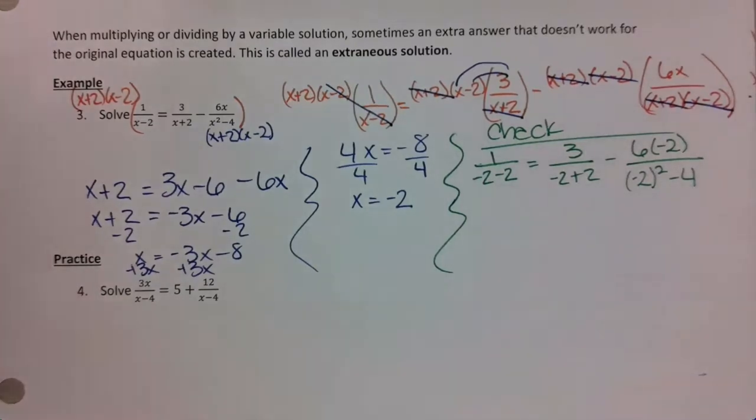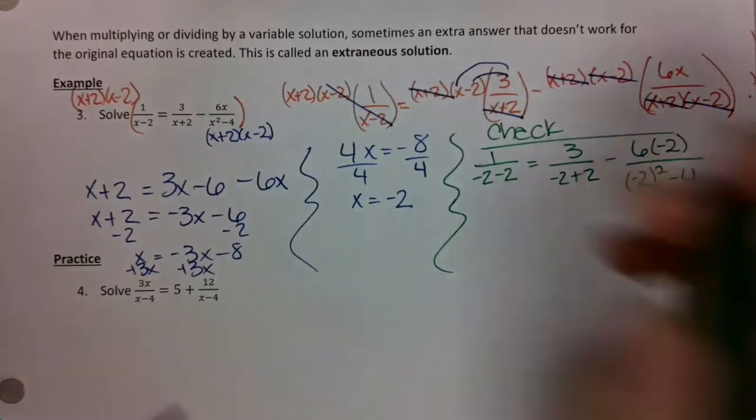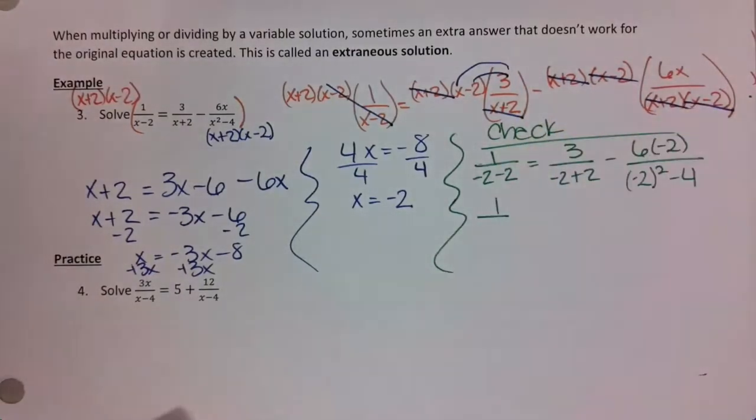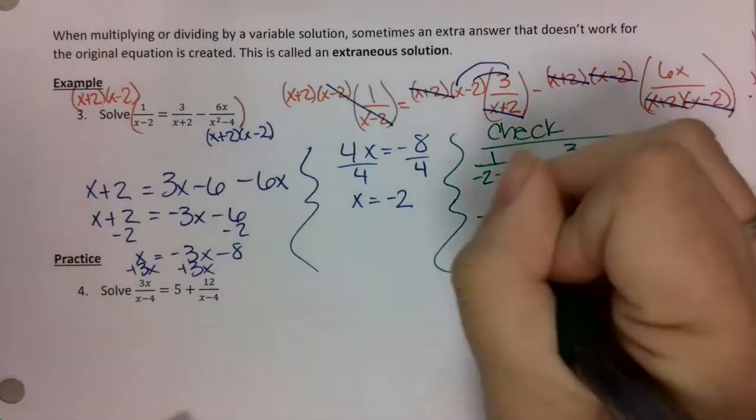Okay. So negative 2 minus 2 is negative 4.